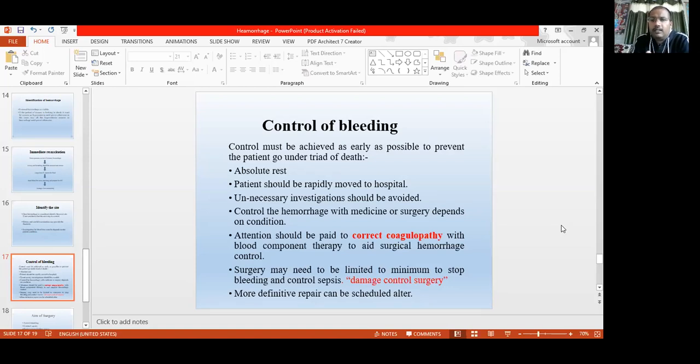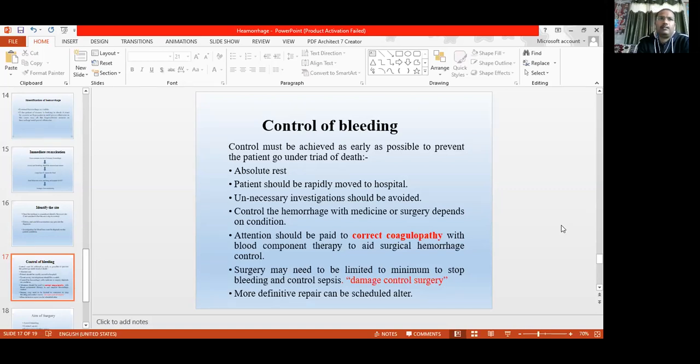So avoid all these unnecessary tests and focus directly on controlling the hemorrhage. Do only the investigations which can assist you in the process of stopping the hemorrhage.